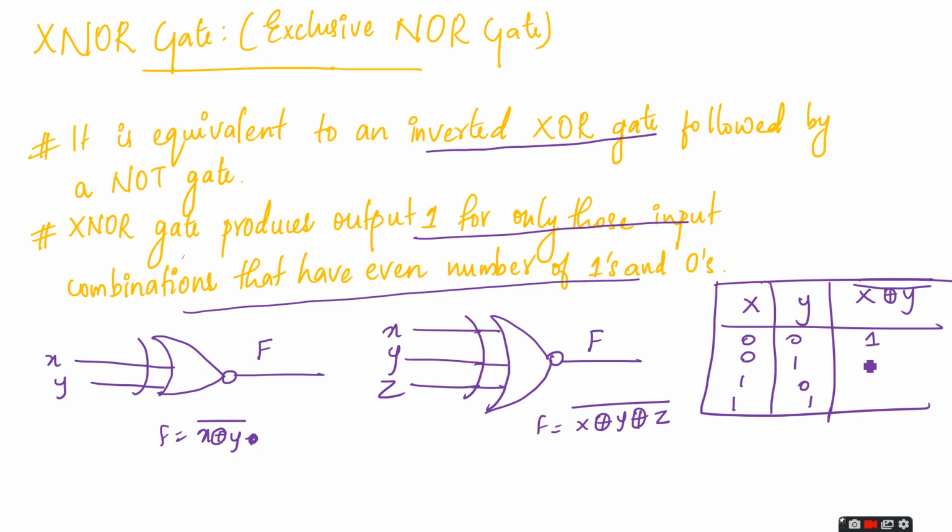Now 0 1, then it will be 0. 1 0, 0. Now see here, 1 1, an even number of 1s is there, so it is 1. So this is all about the NAND gate, NOR gate, exclusive OR gate and exclusive NOR gate. The NAND gate is known as a universal gate.